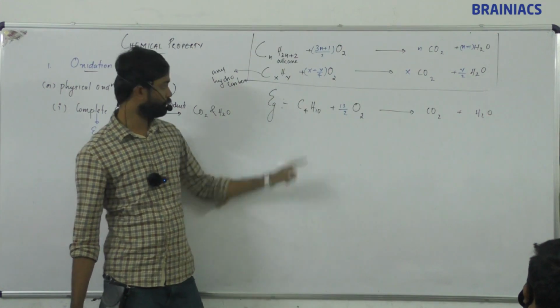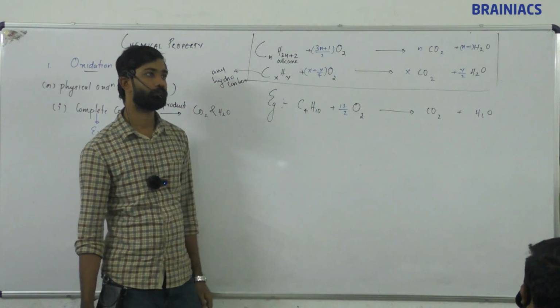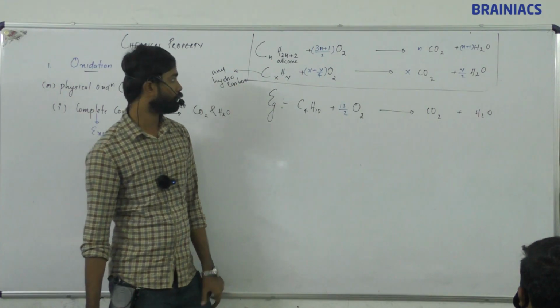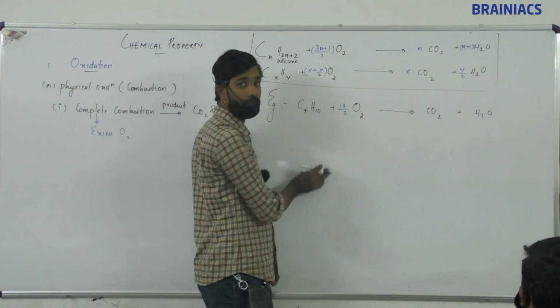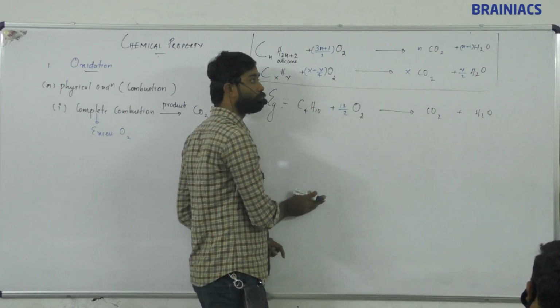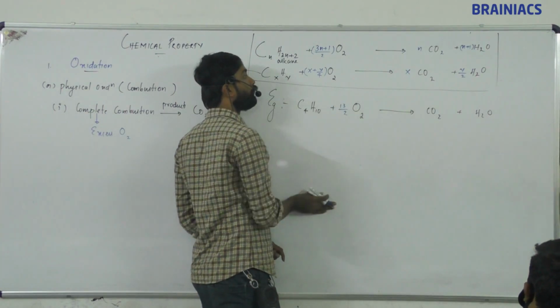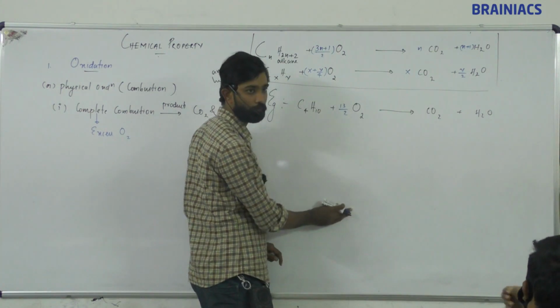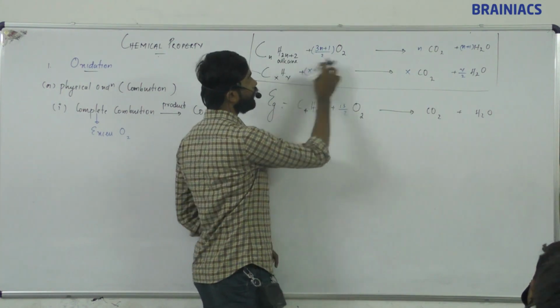What about the second? 4 plus 10/4, which is 4 plus 5/2, will be 13/2. Both are the same.